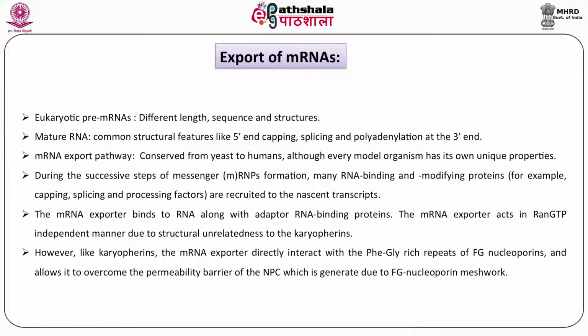However, like karyopherin, the mRNA exporter directly interacts with phenylalanine-glycine rich repeats of FG nucleoporins and allows it to overcome the permeability barrier of the nuclear pore complex, which is generated due to the FG nucleoporin meshwork.